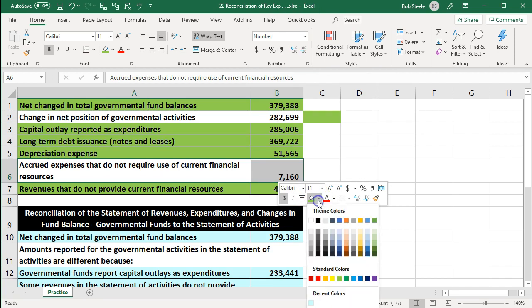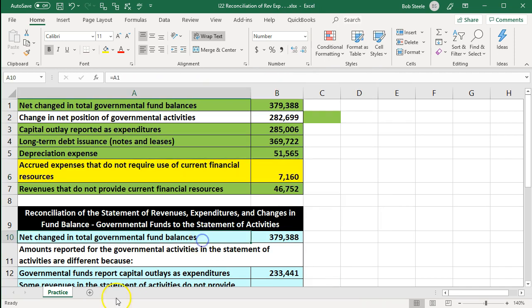Here we have accrued expenses that do not require use of financial resources. So we're thinking about an accrual, basically an adjusting entry is what we would think about, in terms of normal accrual accounting, what will be used at the government-wide level. So on the government-wide level, we would have an accrual adjusting type entry here.